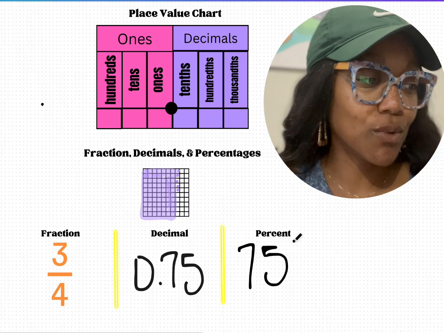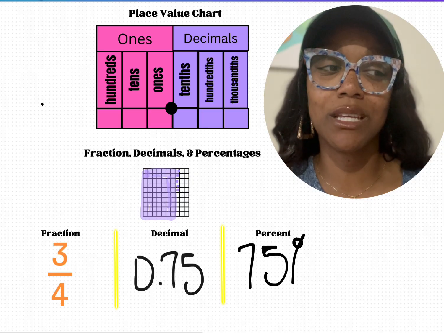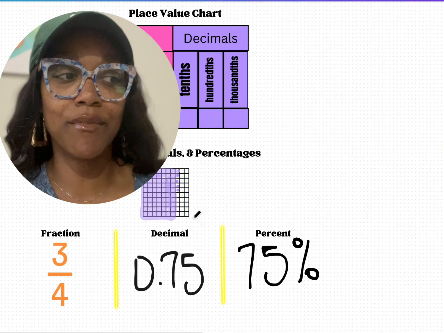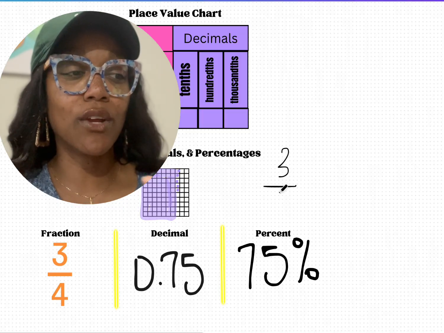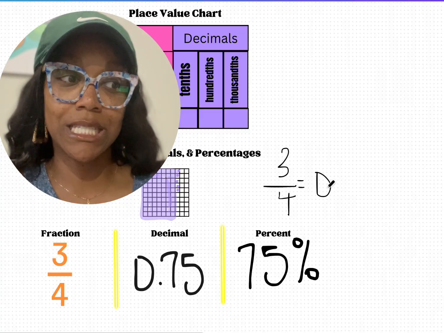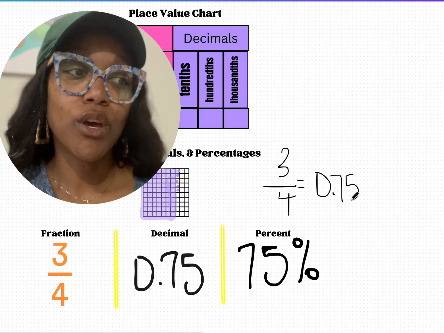And then I'm going to write my therefore statement. And a lot of kids will start to notice that the decimal and the percent look very similar. And they will know how to write those without having to connect it to anything else. So I know that 3/4 is equivalent to 75 hundredths, which is also equivalent to 75%.